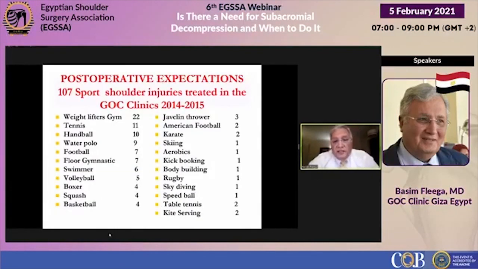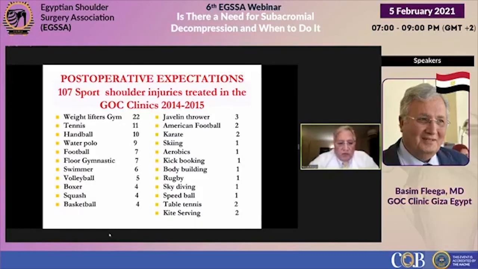Now, expectations of some patients may be very high after the decompression, especially in athletes. Here we have 100 cases of decompression in athletes, mostly weightlifters, gymnasts, tennis, handball, and water polo players.